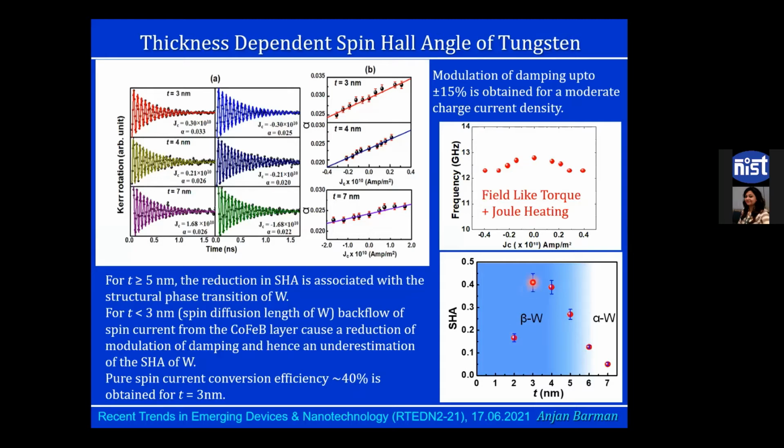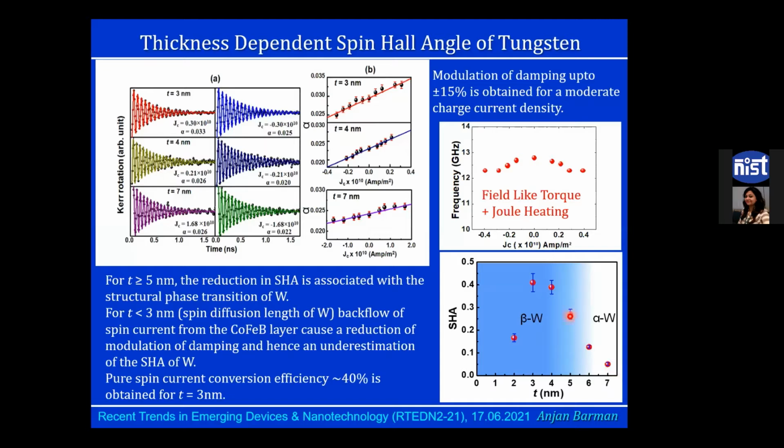And the spin Hall angle turned out to be a giant spin Hall angle of about 40% for tungsten and cobalt iron boron. And this value actually persists for about 2 or 3 values of thickness. But when we actually go into the alpha phase, the value drastically reduces to a very low value.